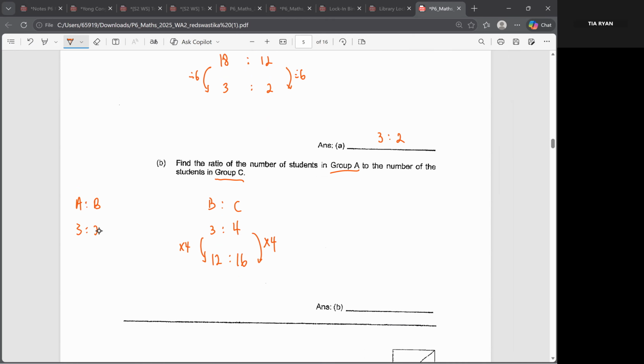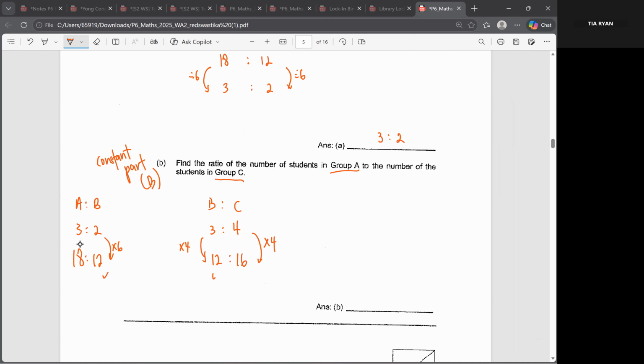And I also know that A to B equals 3 to 2. That's my answer from part A, right? I know that there is a constant part. What's the constant part here? It's my B's. So how do I make B the same? Times 6. Agree? So now my B and my B tally. So it's what to 12? 3 times 6, 18 to 12.